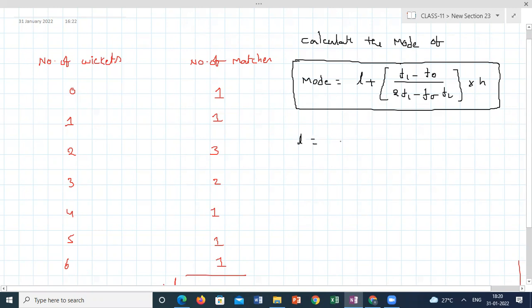L is called the lower limit of the modal class. H is called the size of the class interval.